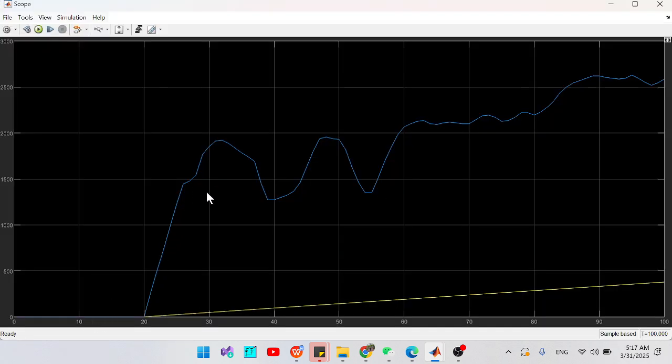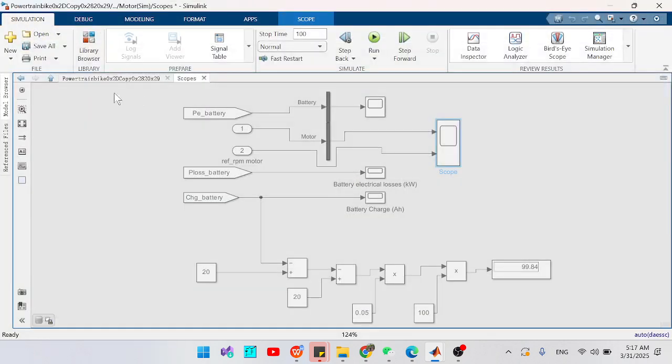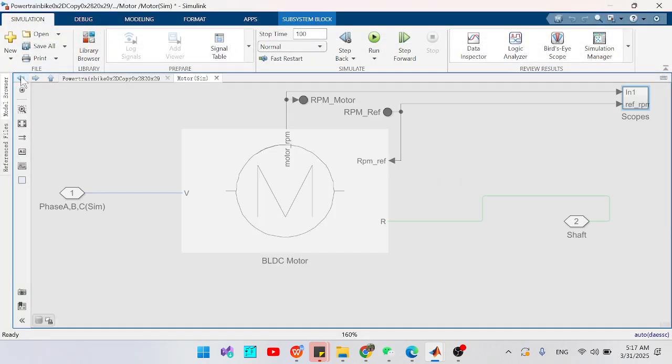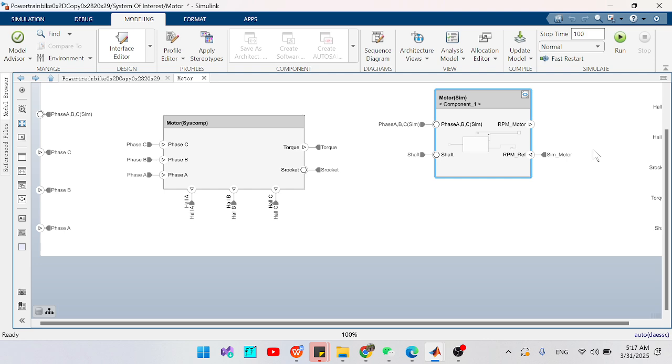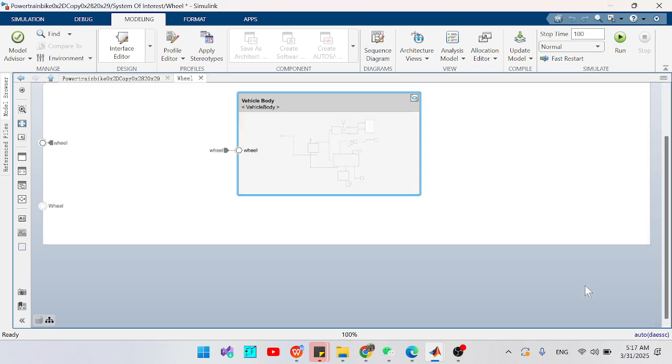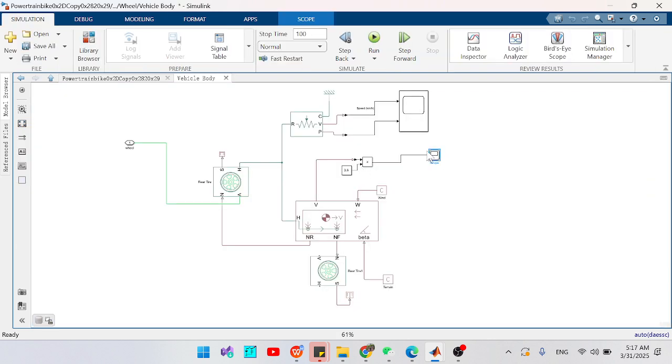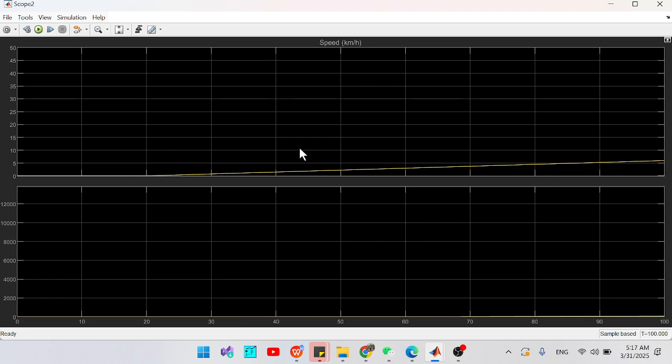And this one is your reference speed, which you fit according to your drive cycle, in the form of your RPM, and this one is your vehicle output, I mean the motor output. So finally, if you see the vehicle scope here, this one is the vehicle dynamics, and we have the speed and RPM output. Here we can see that.